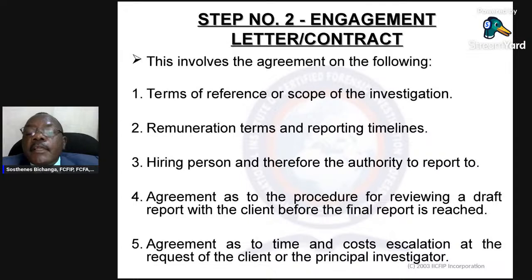The scope of the investigation, as agreed with the client, is what will determine the costs that will be involved. The expenditures by the investigation team will be dictated by the scope of the work to be done.